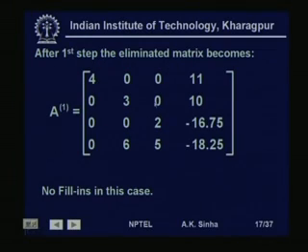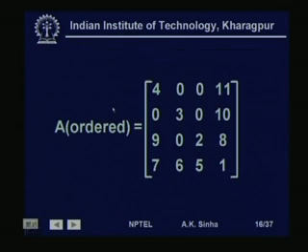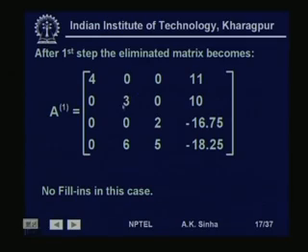We find that all the elements which were 0 are still 0 in this matrix. These are all zeros which were there, and they still remain 0 while the factorization process goes on. That is, there is no fill-in which occurs in this case.